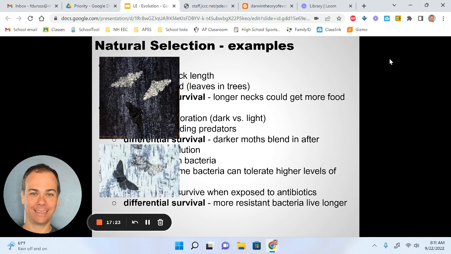Yeah, these are great food sources for birds, and so predators could find the moths that had this other color on the dark wood. The light moths were easy to find, and they were eaten more frequently, and therefore they didn't reproduce as much. And over time, the population shifted from mostly light colored moths to mostly dark colored moths.